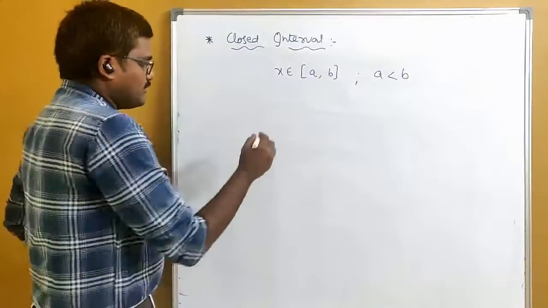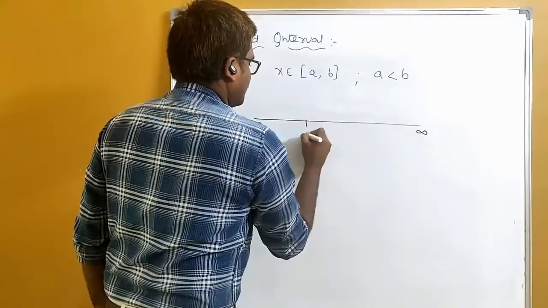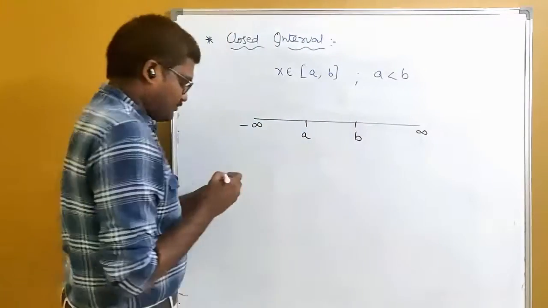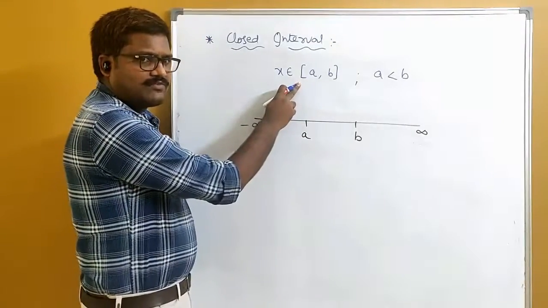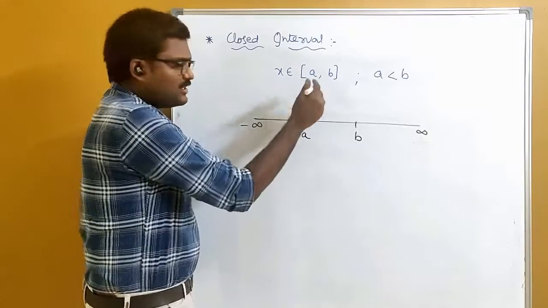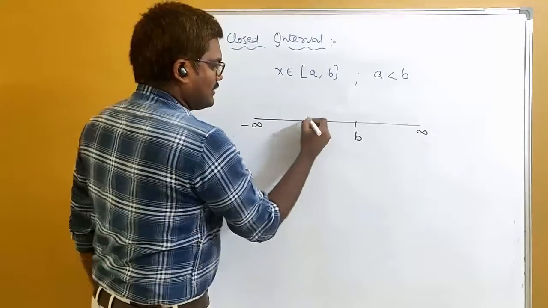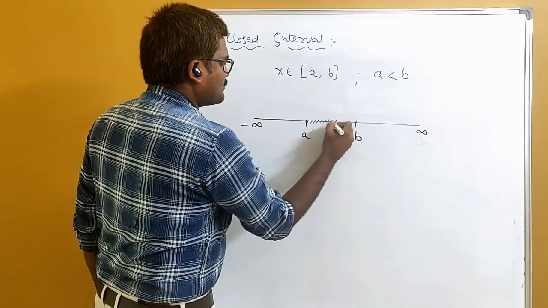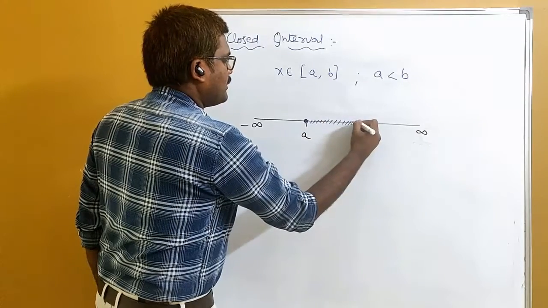So here if I take again a real number line, minus infinity to plus infinity, this is A and this is B. Now obviously, either open interval or closed interval, definitely I will take all the values between the end values, isn't it? So A and B are the end points, end values, and A is less than B. So definitely I will include all the values between A and B, and I will include A and B also.